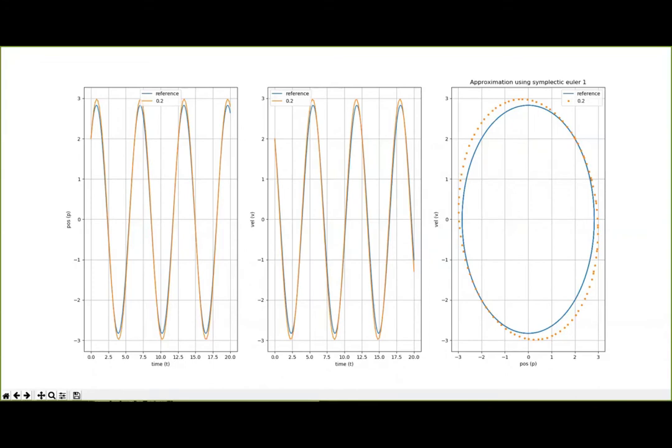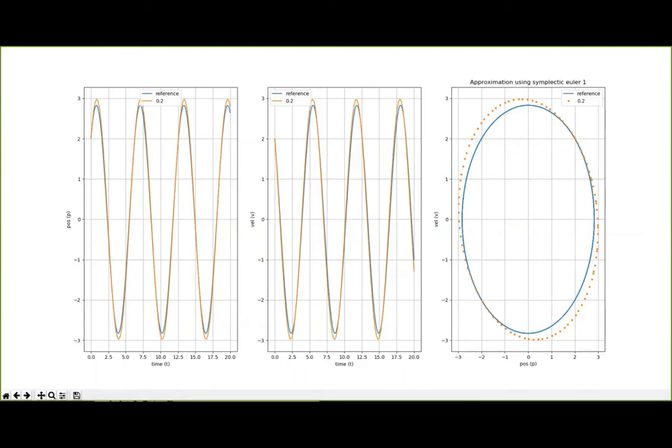What these pictures illustrate is that the symplectic Euler method does not preserve exactly the energy of the original system, but preserves a different energy functional that is in some sense close to the original energy functional. Both the position and the velocity functions have a slightly larger amplitude than the reference solution. What is important here is that this amplitude does not increase.